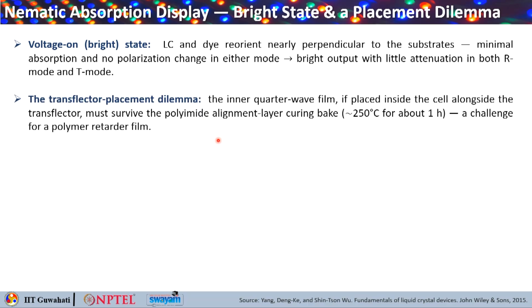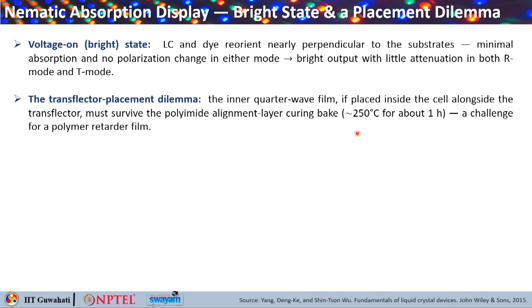Now there is always a dilemma about the placement of the transreflector. The inner quarter wave film, if it is placed inside the cell alongside the transreflector, must survive the polyimide alignment layer curing bake process, where you need to expose it to 250 degrees centigrade for over an hour.